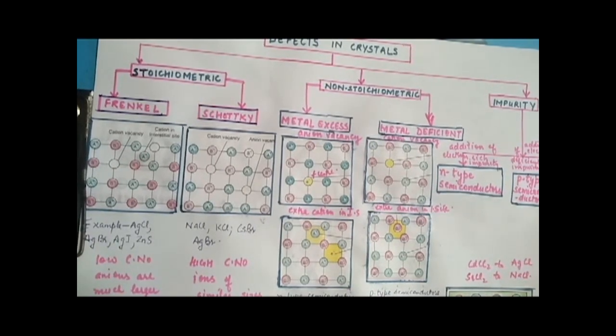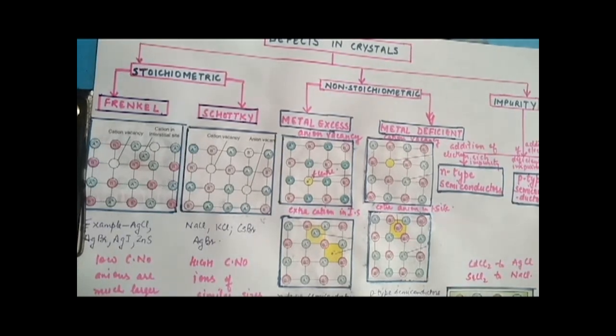Now when metal excess defect arises in crystals, their conductivity is increased and they may behave like N-type semiconductors, because the conduction of electricity is because of normal movement of electrons, whereas metal deficient crystals behave like P-type semiconductors. Their conductivity is also increased, but the increase in conductivity is because of movement of holes.